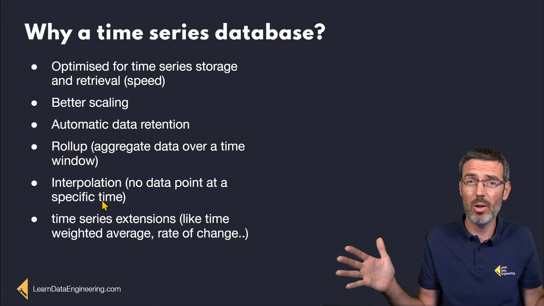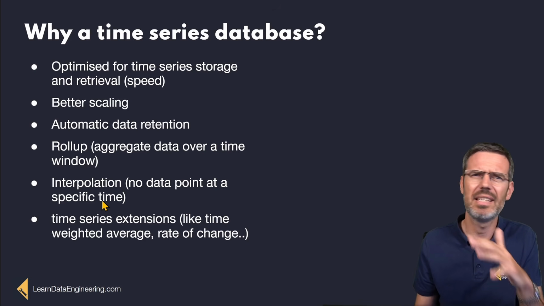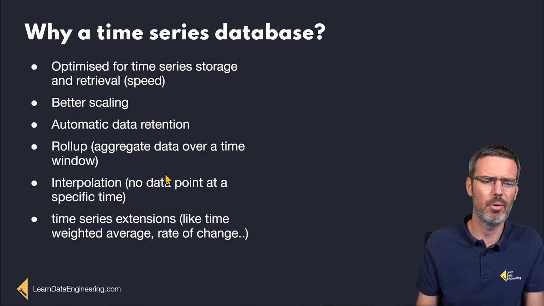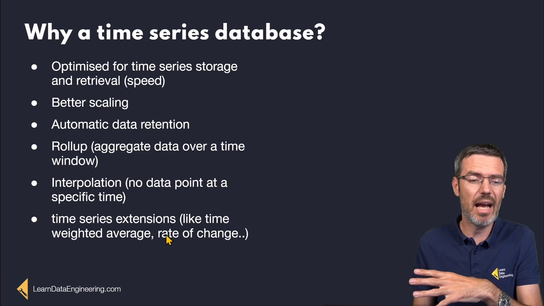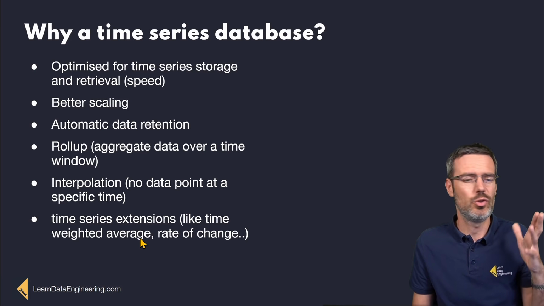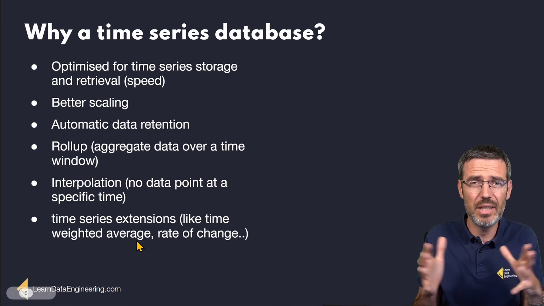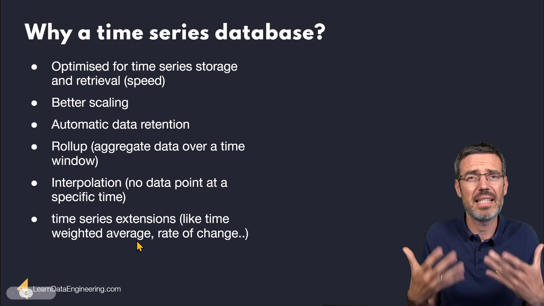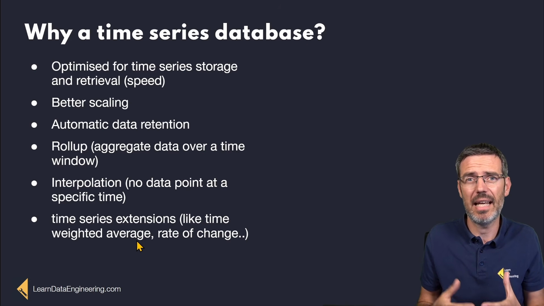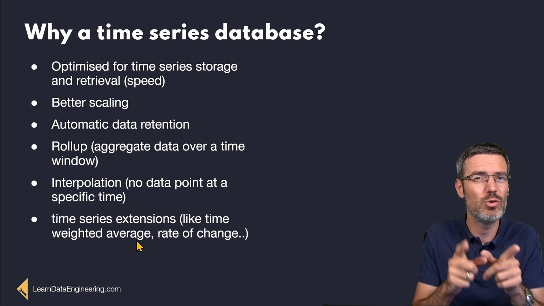And if you have the interval and there's a missing data point, it can figure out, okay, this should most likely be the data point. And then also you have time series extensions where you do something like weighted averages or rate of change in a time window, stuff like processing of the time series data that you usually would do externally, but these time series databases actually can do that internally.